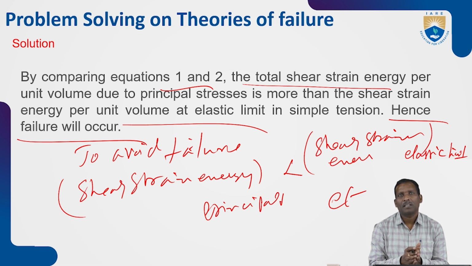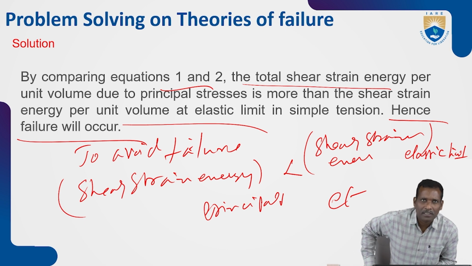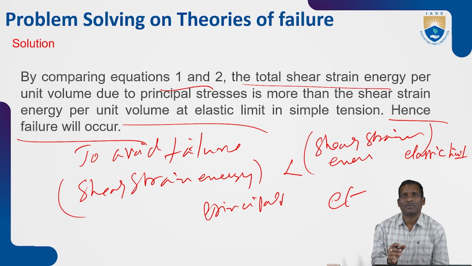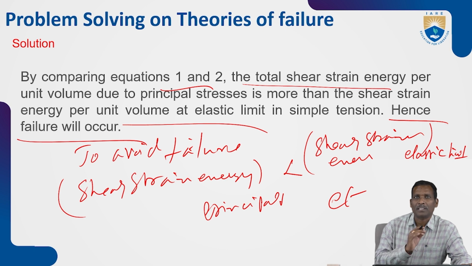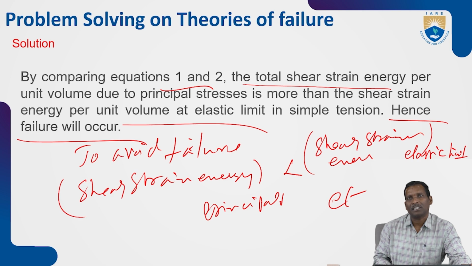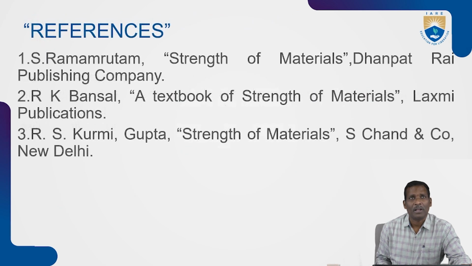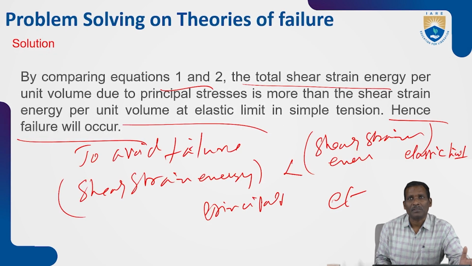Whenever the shear strain energy due to the principal stresses is greater than the shear strain energy per unit volume at elastic limit in simple tension, then failure will occur. To avoid failure, always maintain the shear strain energy due to the principal stresses less than the elastic limit shear strain energy value in simple tension. So this is the condition to avoid failures.